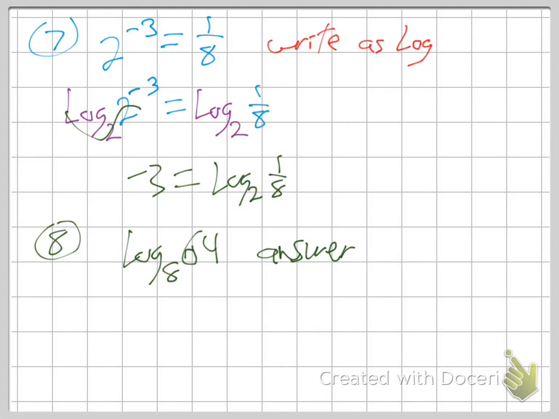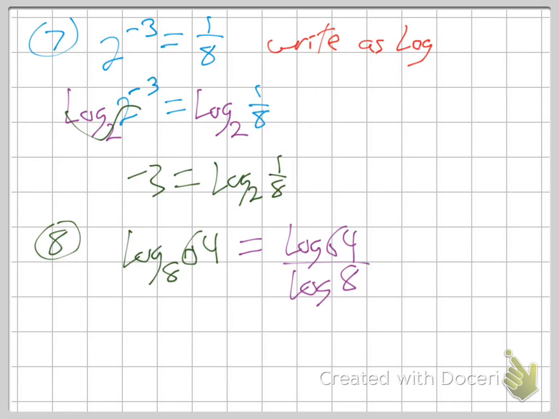Well, if you have numbers like this, let's grab our calculator. Let me show you how to do this on the calculator. Do you see the log button on your calculator, L-O-G? We're going to actually turn this into 2 logs. So this is going to become log 64 over log 8. It's kind of a little bit of a long story. I'll probably talk more about it on Wednesday.